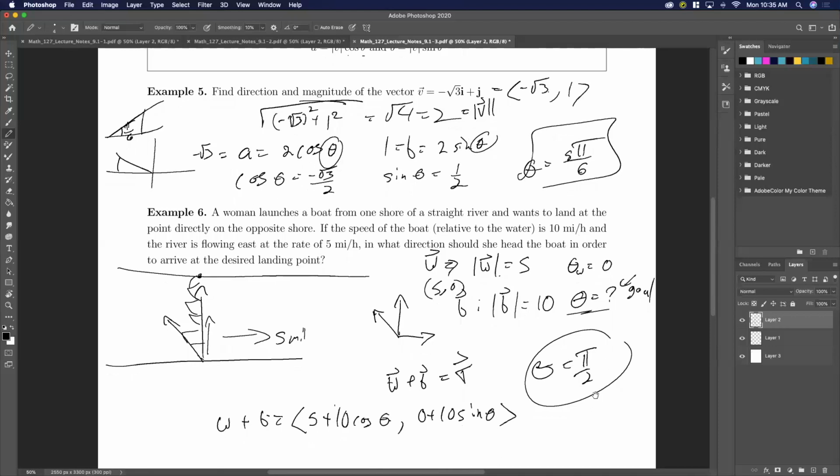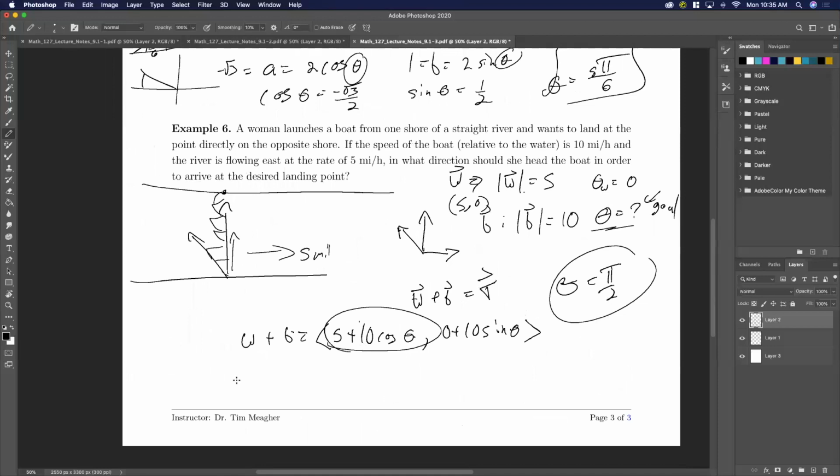All right, so here we can just grab this in isolation. Since we want no horizontal component, we know that this wants to be 0. So we'll have 5 plus 10 cosine of theta is equal to 0, right? Because we want our direction to be pi over 2. So we want this to be 0, this to be whatever, and that, whatever it is, will give me this direction. Another way of thinking about it is I want no horizontal component.